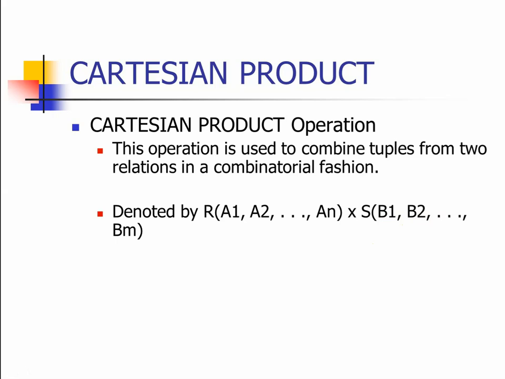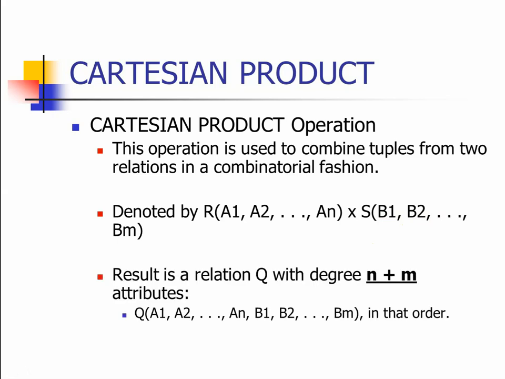If we do the Cartesian product of the two tables together, first of all, it will create a huge table. That table has all of the attributes coming from the R table, as well as all the attributes coming from the S table. So it will have N plus M attributes.